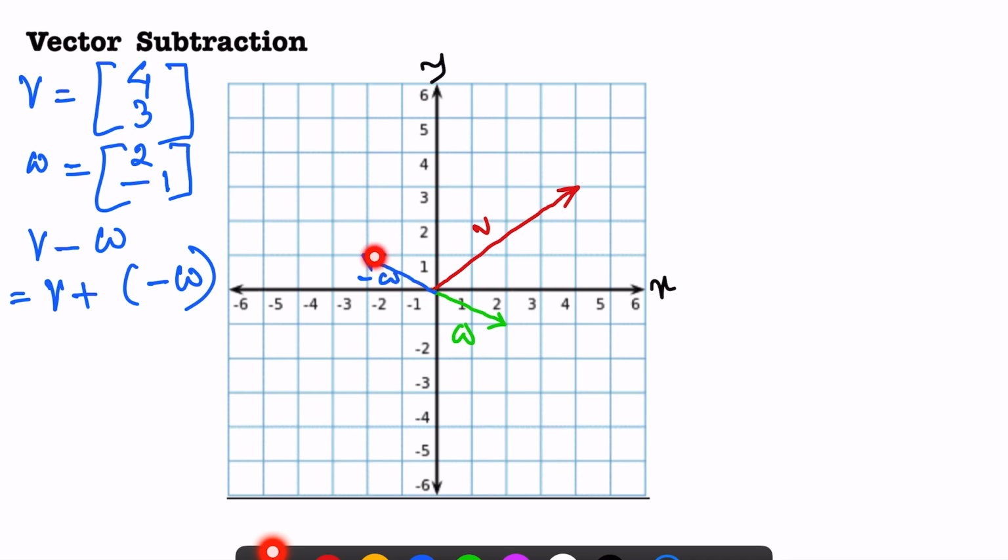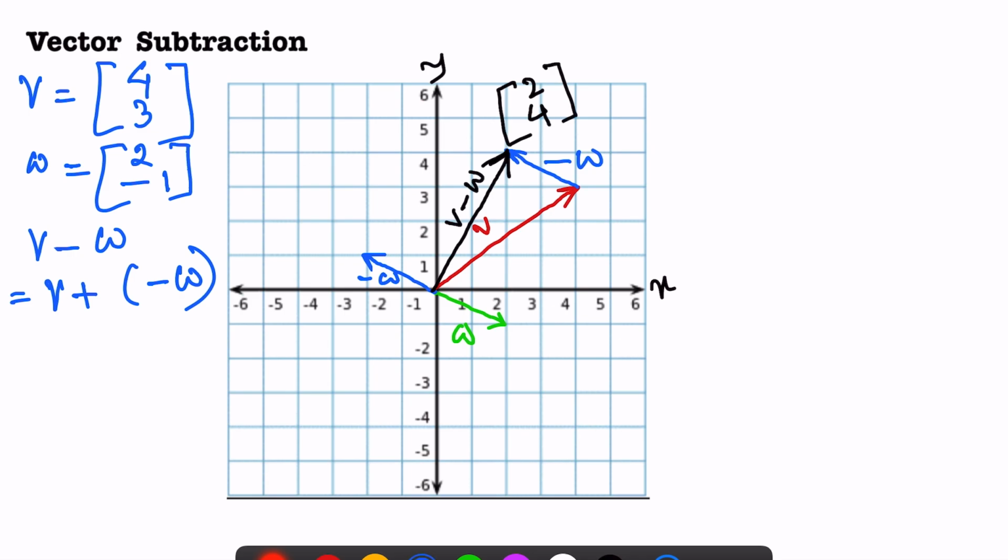How do we add this? We can just move this minus w vector and place it at the tip of the v vector. Let's do that. So this is also minus w, and we are adding this one and this one, right? So our resultant vector will be this one. This is v minus w. So its coordinates is 2, 4.